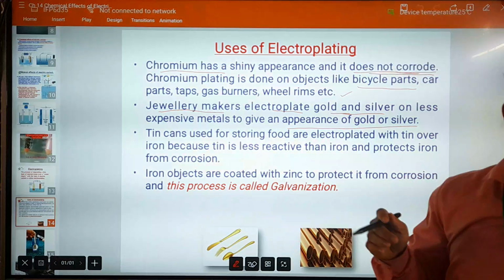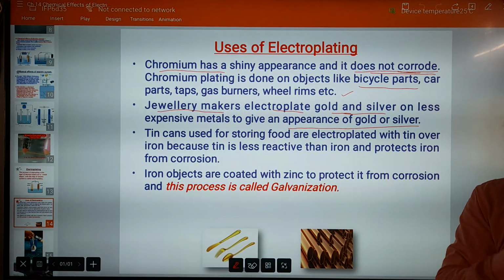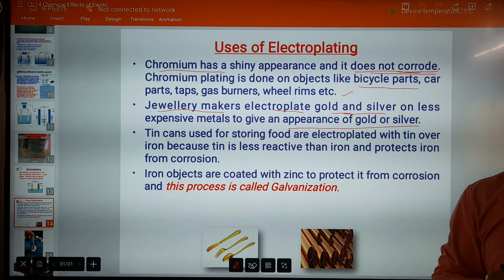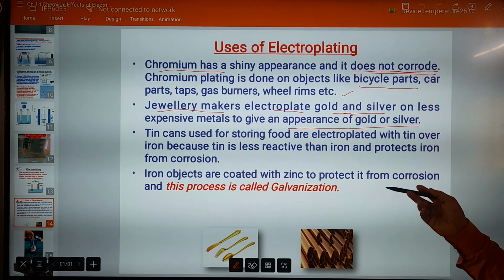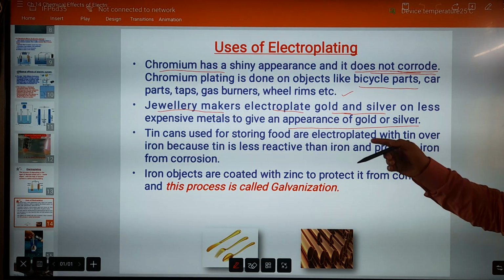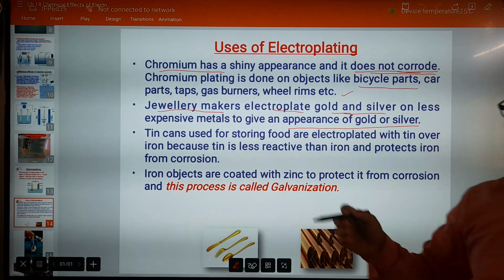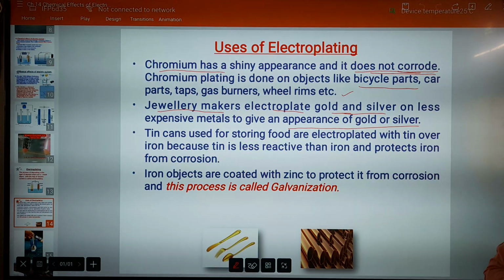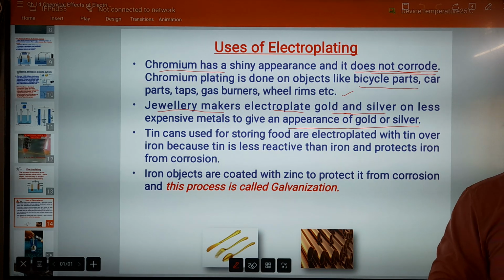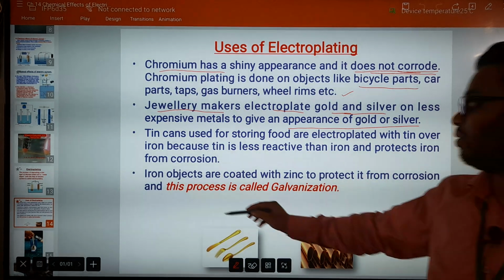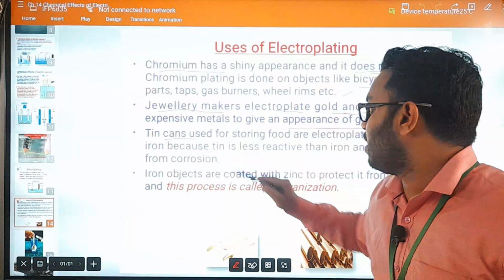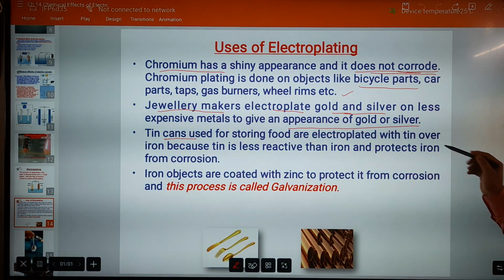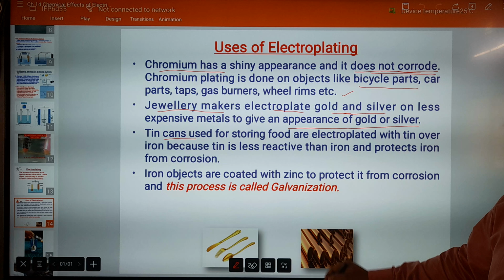It will improve the appearance of the cheap material. The metal will look like gold or silver, and those materials are cheaper than real gold or silver. Understood?